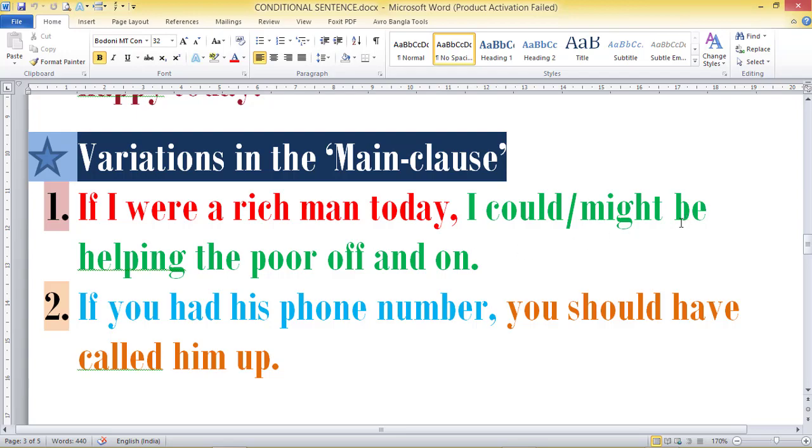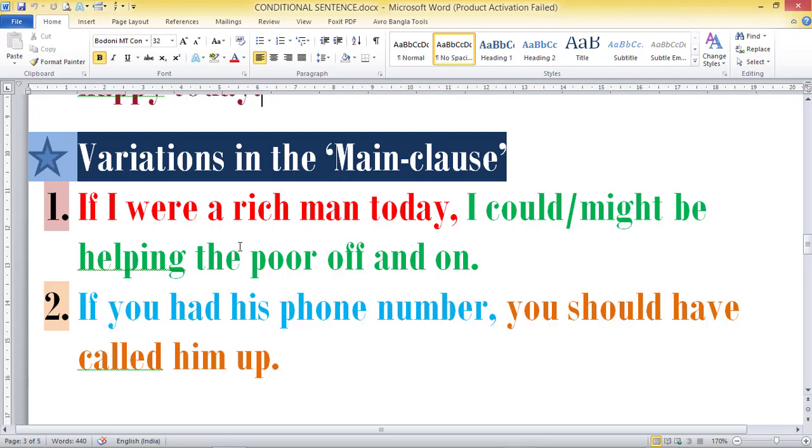So in the main clause, this variation is also permissible. After the subject, you can use could, would, might, should, plus be, plus the ing form of the main verb. This is called present continuous infinitive.